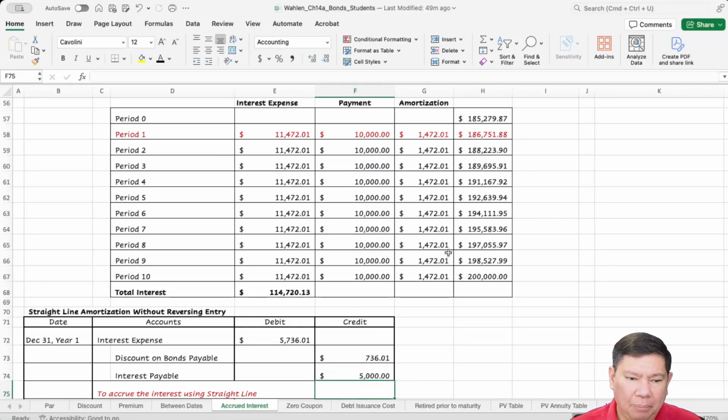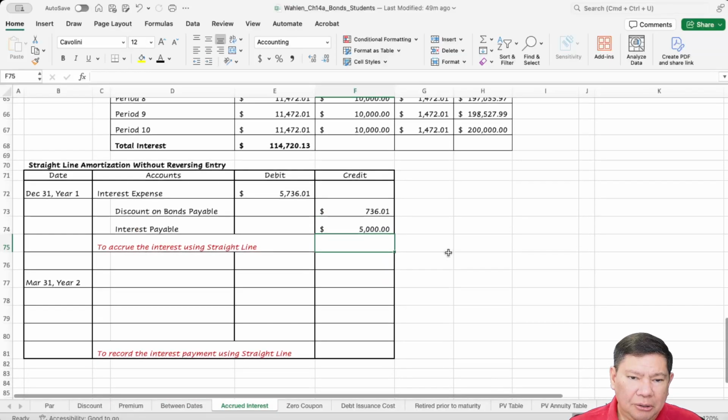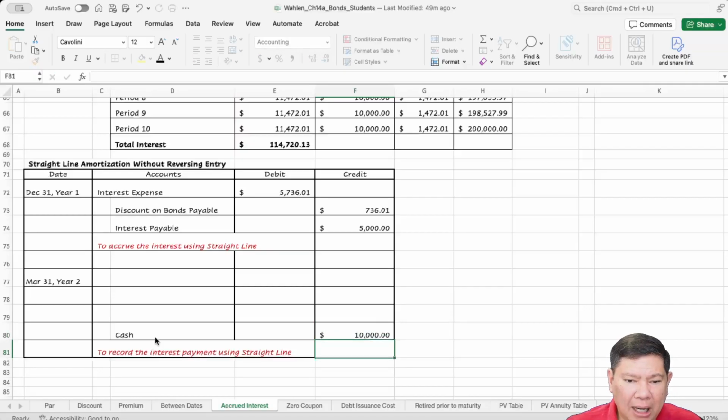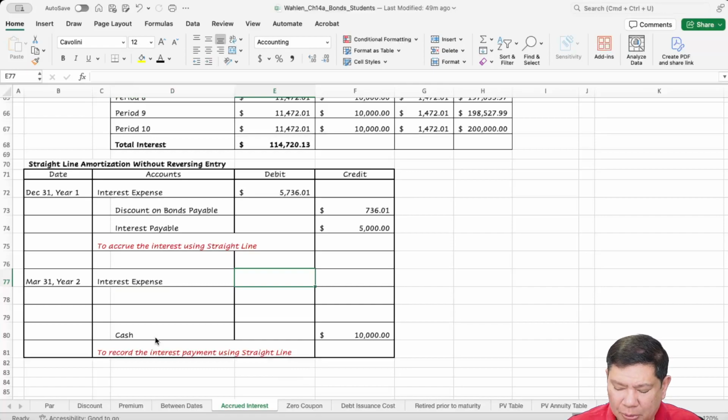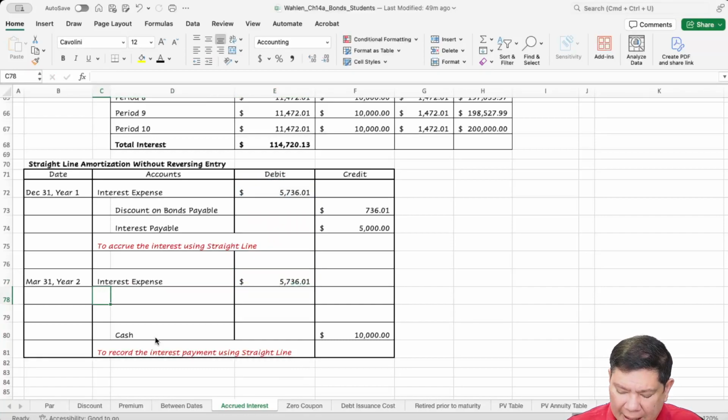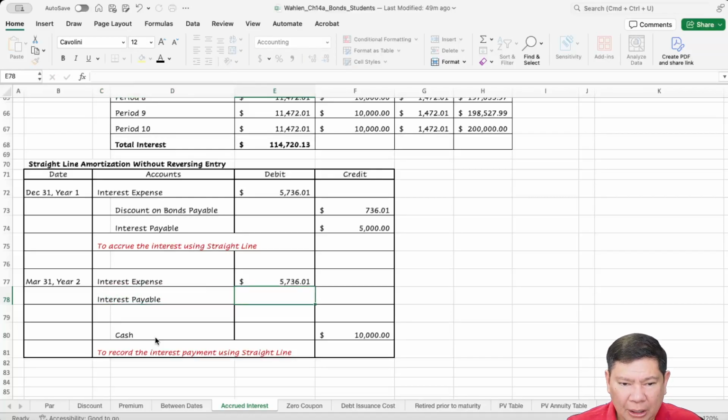It's the same. Now, if we don't use the reversing entry method, we don't reverse it, but we will pay cash $10,000 on March 31st. Okay, we recognize interest expense just for the January, February, March portion. We cancel the interest payable when we pay it.